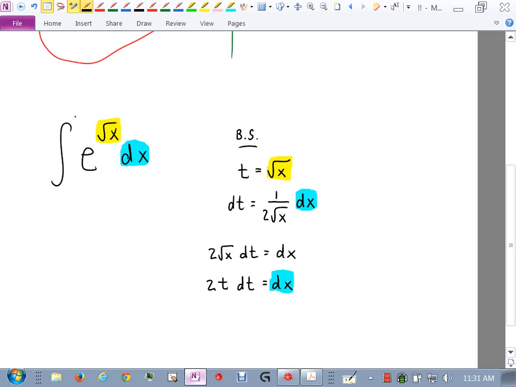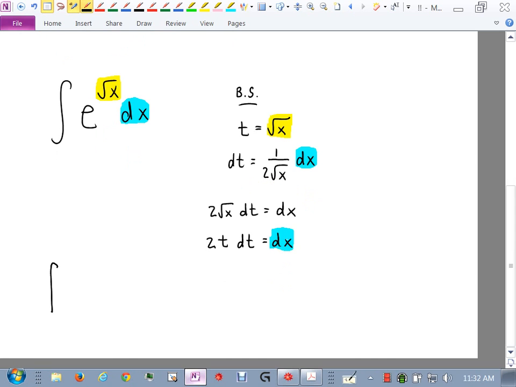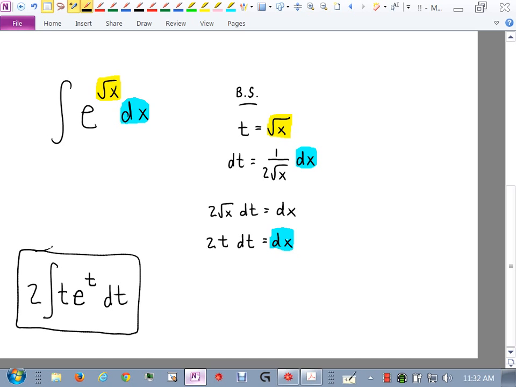So this new integral becomes e to the t, and dx is 2t, so I pull the 2 out. Can I put the t in front of the e to the t, dt? That's my new integral. That's what my basic substitution got me.